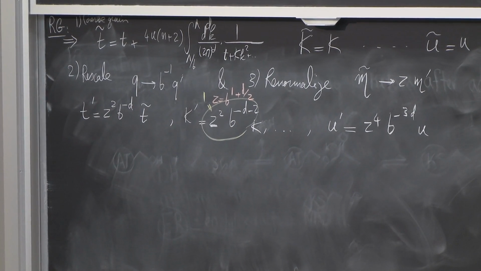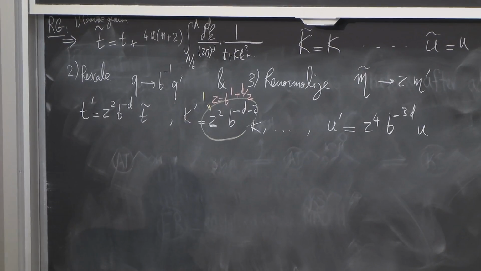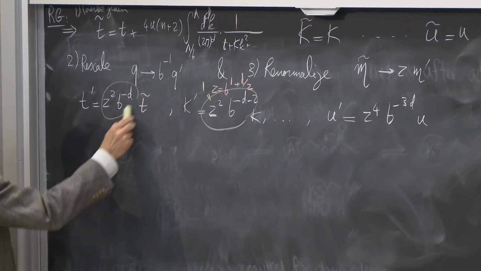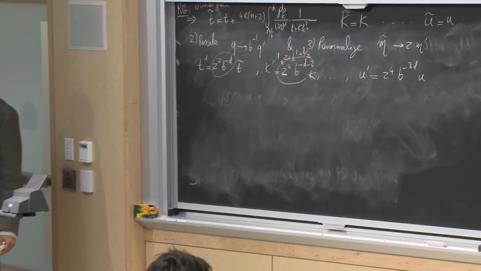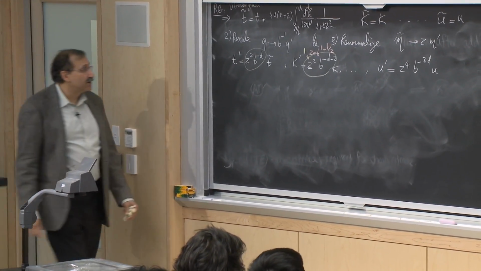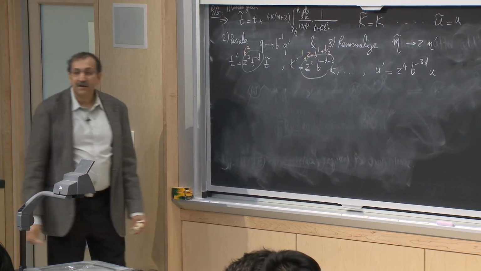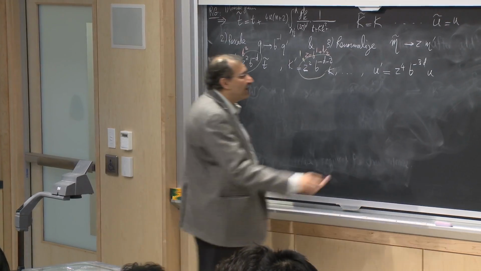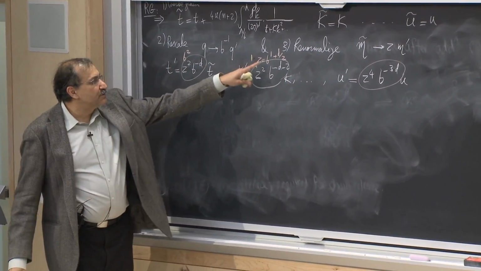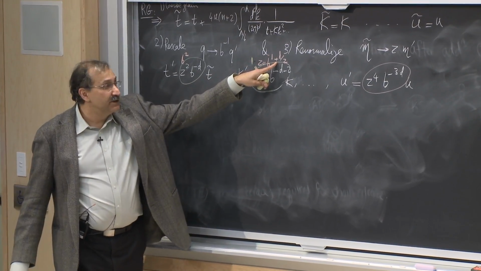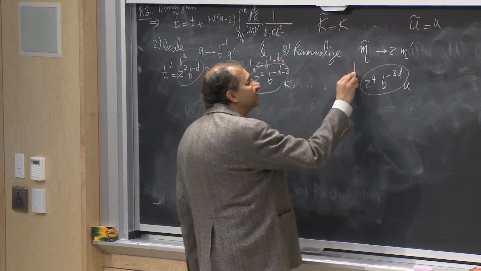Okay? Now, once I choose that factor for z, everything else becomes determined. This clearly has 2 factors of b with respect to the original. So this becomes b squared. This you have to do a little bit of work. z to the 4th would be b to the 4 plus 2d. Then minus 3d gives me b to the 4 minus d.